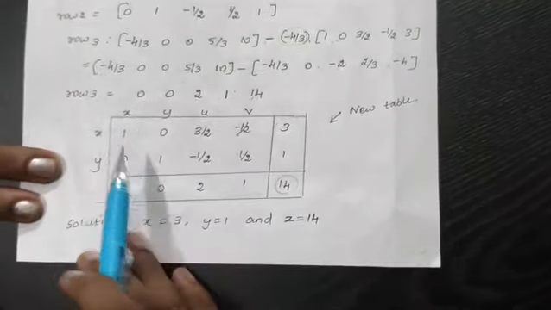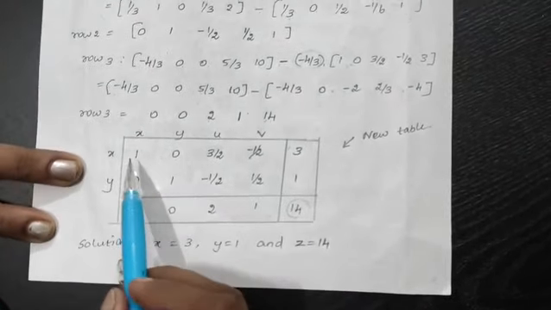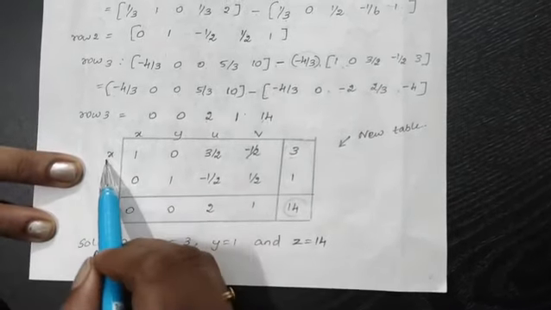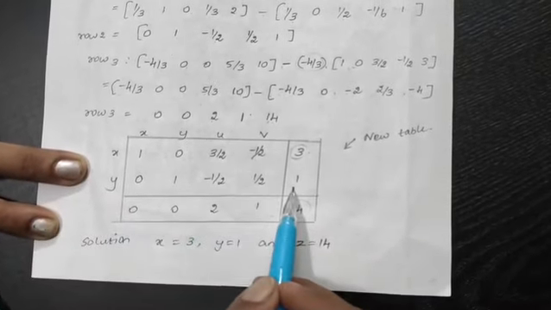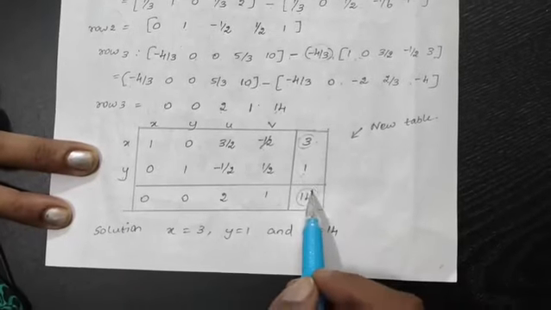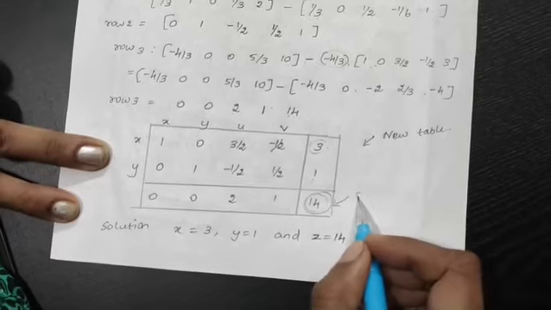Now we can form the new table with these new values. In the first row we are having the value x, so the x value is 3. Then the second row we are having the value for y. The y value is 1. And the last row we are getting the value 14. So this is our final solution.